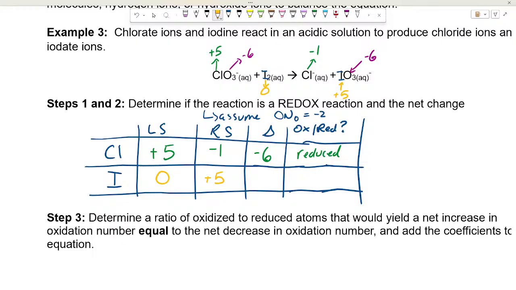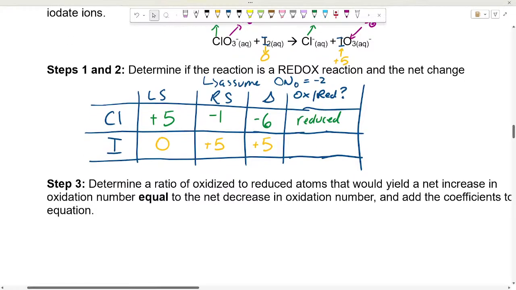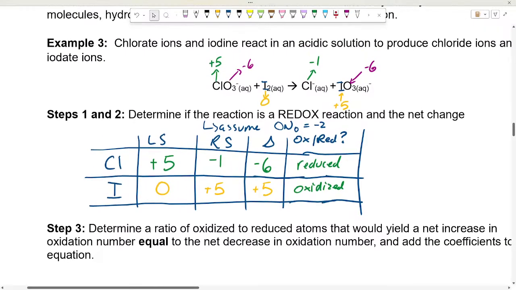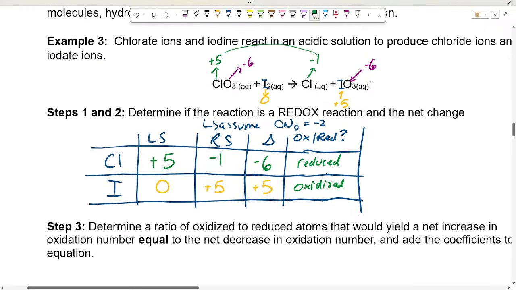So what's the delta here? Going up or down? Up. By how much? 5. Oxidized or reduced? Oxidized. Yep. Does that make sense? Yeah. Cool.